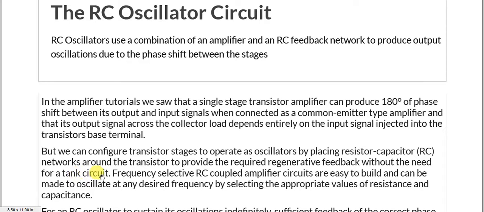Only RC components will be used. The frequency selective RC coupled amplifier circuits are easy to build and can be made to oscillate at any desired frequency by selecting the appropriate values of resistance and capacitance.